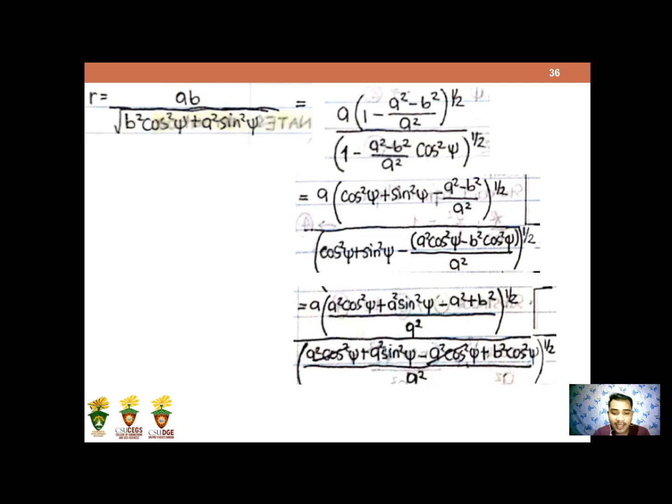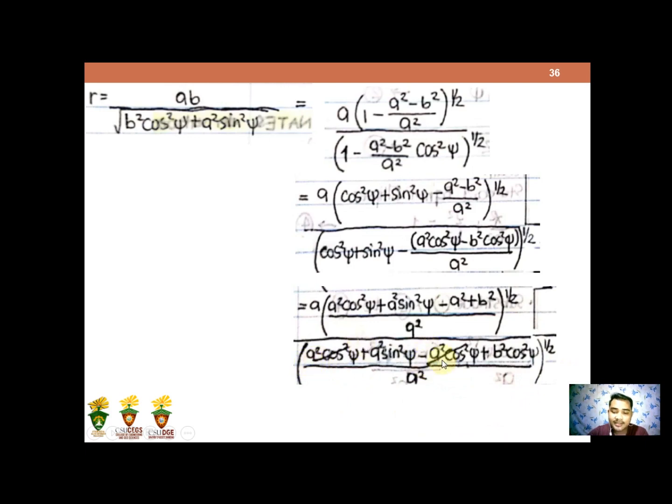It becomes a squared cosine squared geocentric latitude plus a squared sine squared geocentric latitude minus a squared cosine squared geocentric latitude plus b squared cosine squared geocentric latitude. From that, we can cancel in the denominator the a squared cosine squared geocentric latitude.